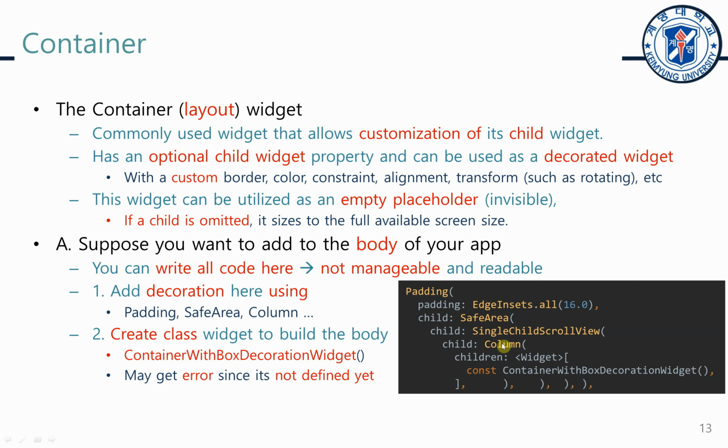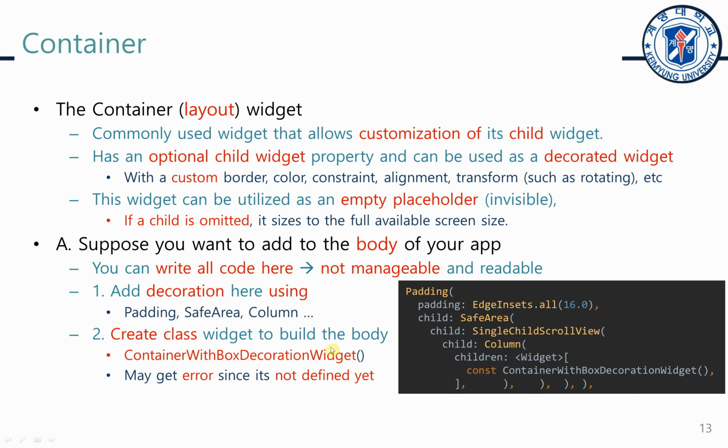These things are very related and interrelated, so it's very hard. What I want right now is to create a class called container with box decoration widget, and then I will try to demonstrate the container class inside this widget.